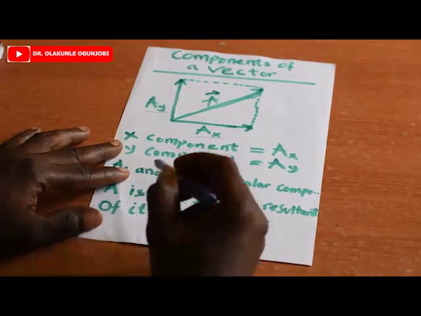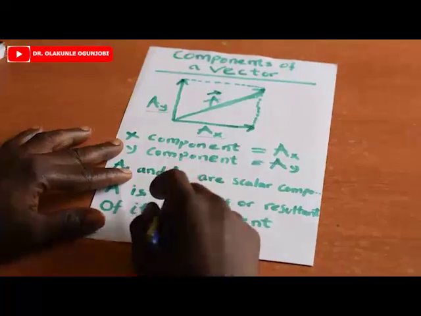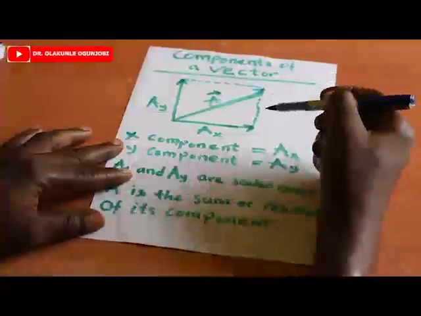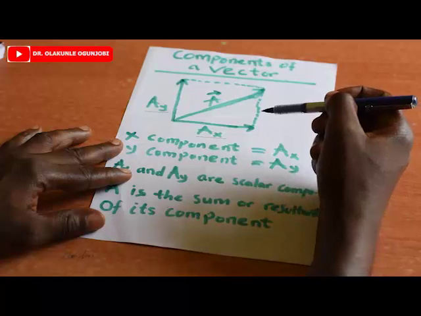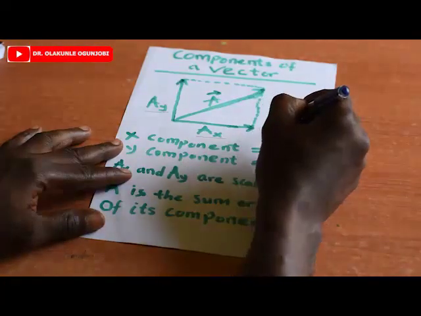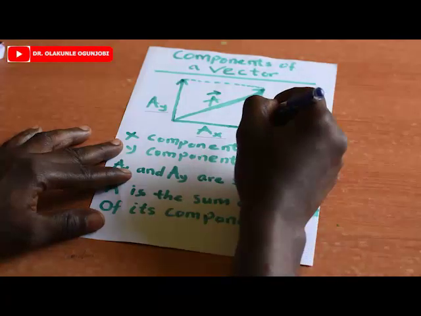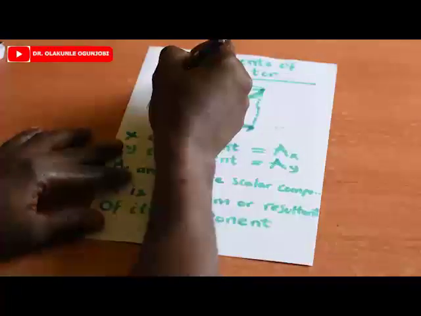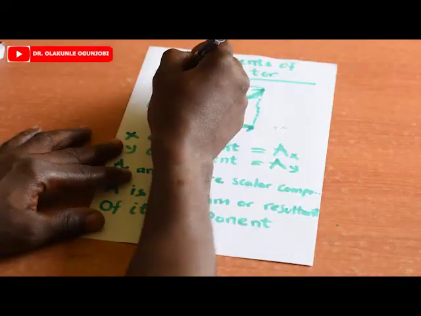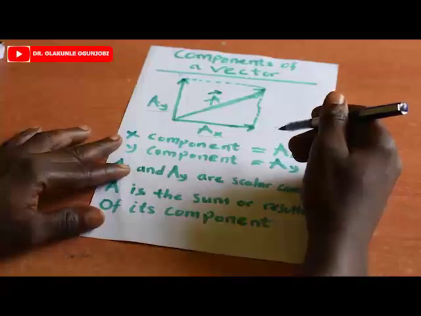So the components ax and ay are positive if they point towards the positive x direction and positive y direction respectively.